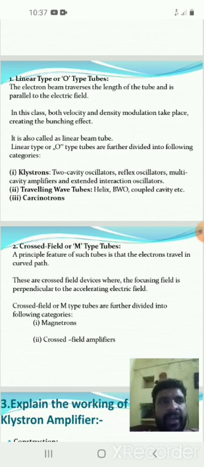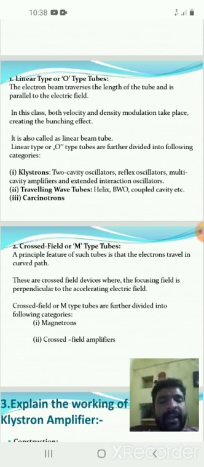In linear type, the electrons travel along the tube, not in a curved path. In crossfield, the focusing field is perpendicular to the accelerating electric field.